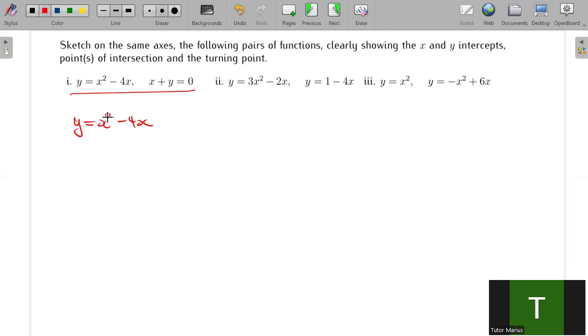You look at this, it is a quadratic function, because the leading term has a degree of 2. You see that it's x squared, and then on the other side you have x plus y equal to 0, where they all have an exponent of 1.